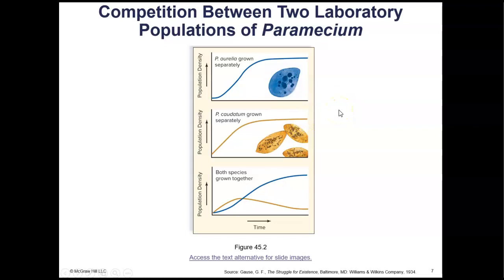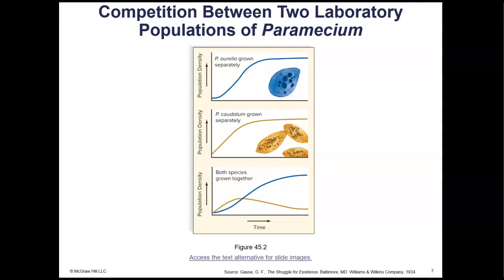He grew Paramecium, and paramecia are protozoans within the kingdom Protista. They're unicellular, but they have cilia that cover their plasma membrane. And the cilia help them to swim and to feed, because it helps them filter food from the water. They are freshwater.